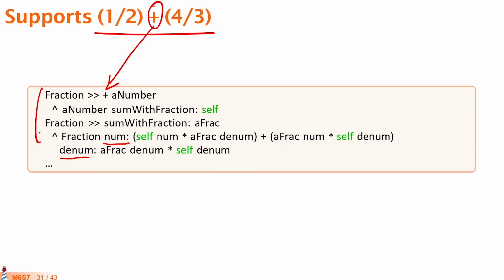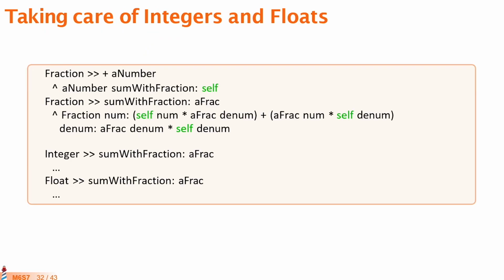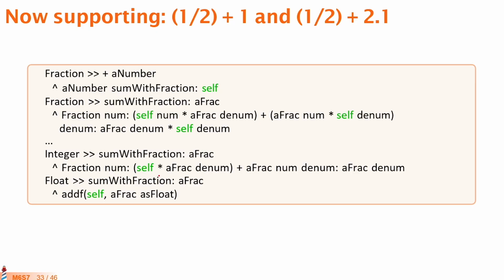So with these two methods, I already support fraction addition, but I want more. I want fraction plus integers and fraction plus float. So let's do it. We will define these two methods in the two different classes. For this one, we have a float added to a fraction. So we have 0.3 plus a fraction, a third. We will convert the fraction to a float and add it.